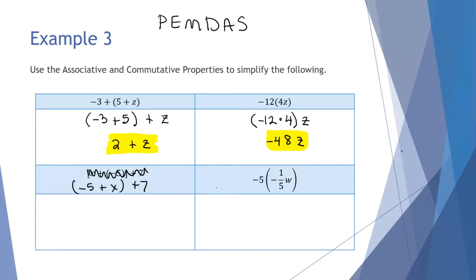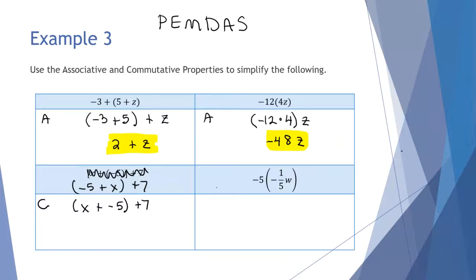They're different things. So we're going to use the commutative property first to flip-flop the -5 and the x. So that was what I originally had written. So I can flip-flop these and write x plus -5 instead. I'm going to just put a C there to say that's the commutative property. So here, this was the associative property.